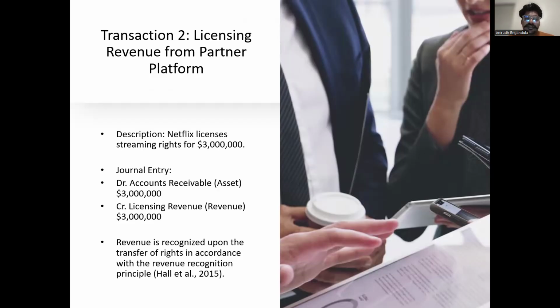This follows the revenue recognition principle, where income is recorded once rights are transferred and the earning process is complete. As Hall stated in 2015, this ensures revenue is recognized accurately and not prematurely, helping maintain transparency in financial reporting.